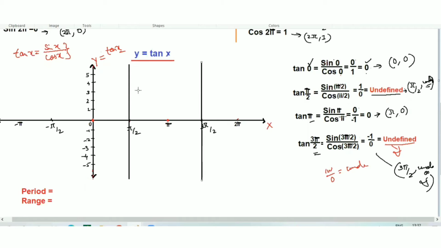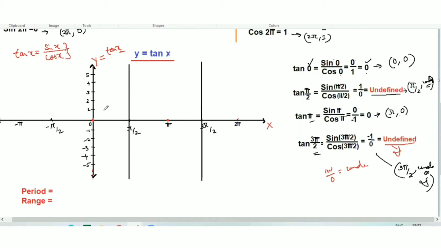Okay. So what you can see here, what is the period, from which angle the graph is repeating itself? So see here, what is the distance? 0 to π/2, and then between π/2 and π the distance is also π/2.